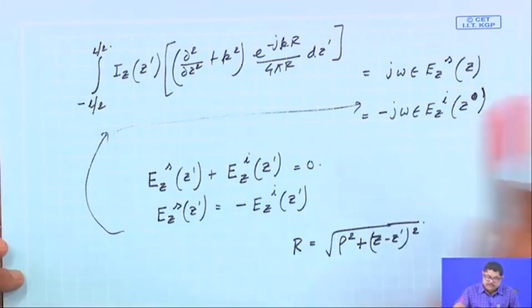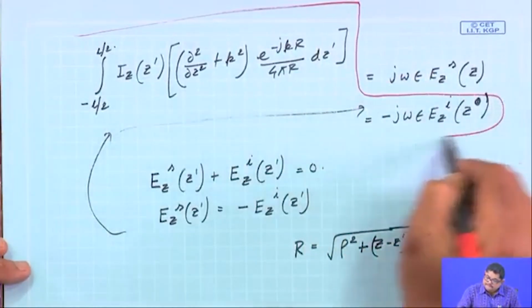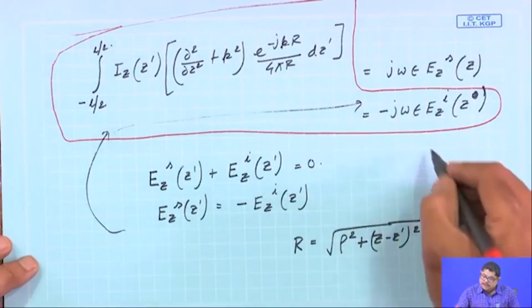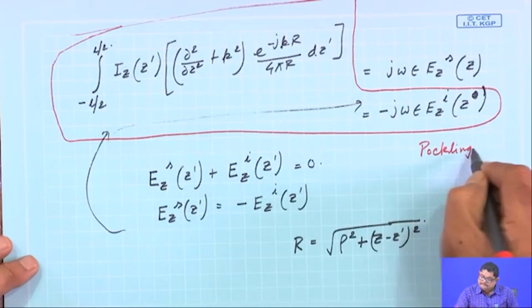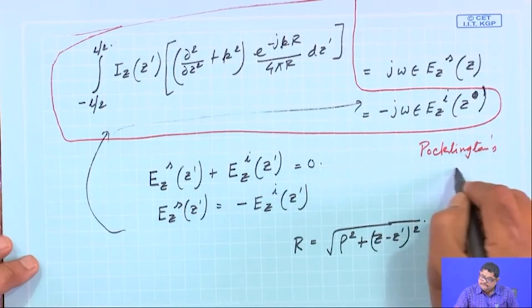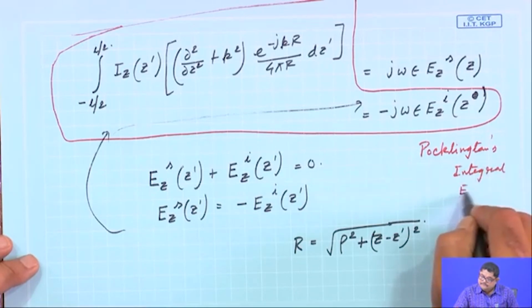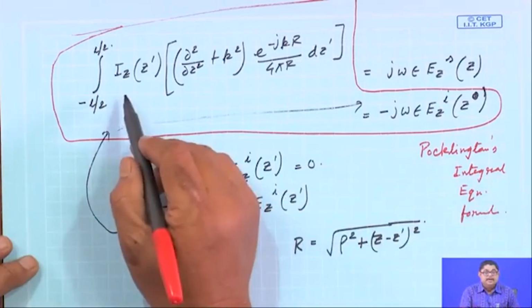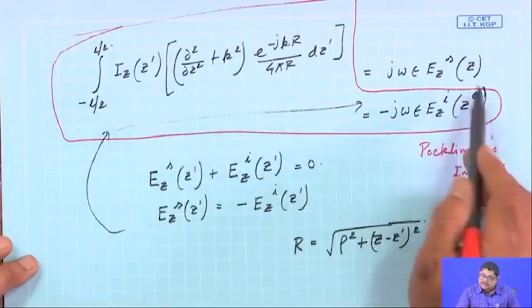So, this formulation is called Pocklington's integral equation formulation. You see, it is a similar structure, an integral equation, because this is unknown, this part is known.